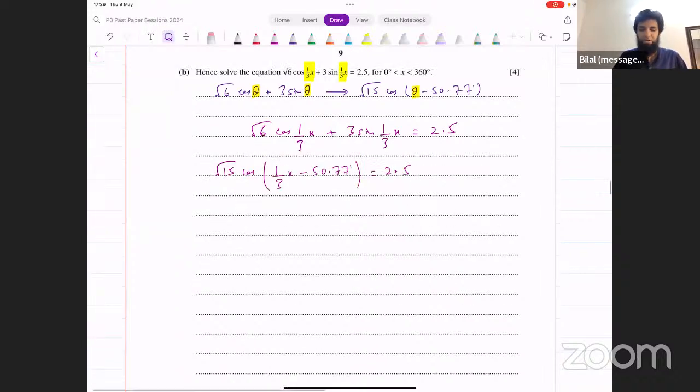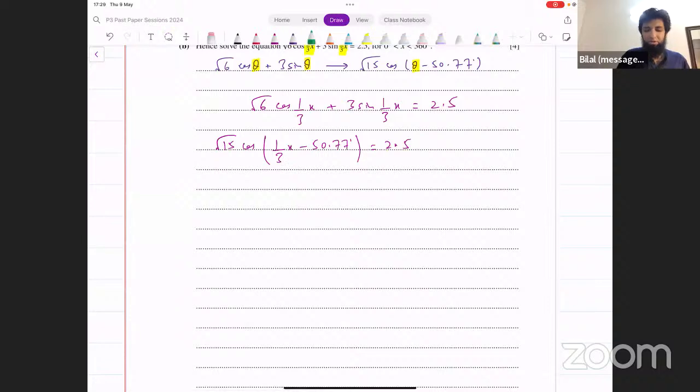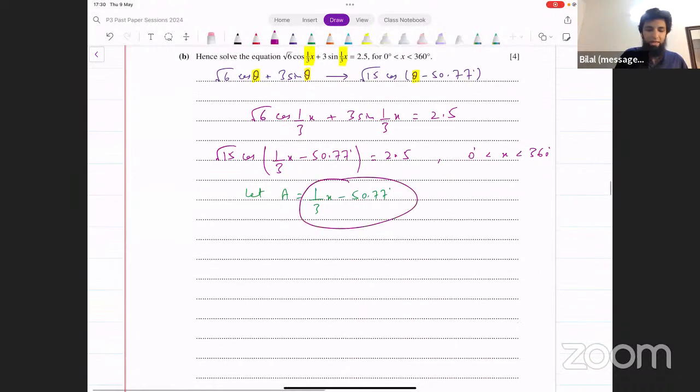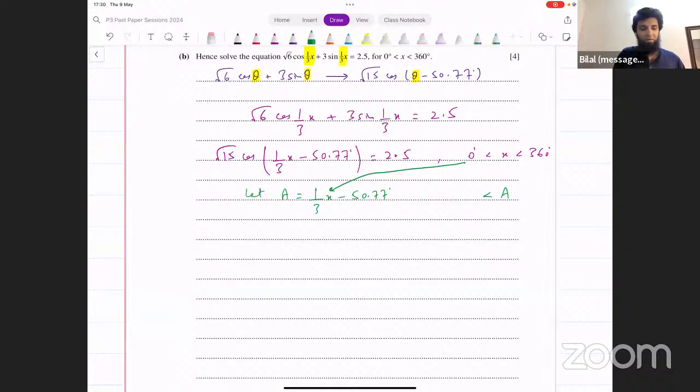Let's solve this equation now. First of all, what you can do is you can use a substitution. Whatever is inside here, you would say let A equals 1 over 3x minus 50.77. Since the interval for x was from 0 to 360, now what you do is you find the corresponding interval for A. What is the interval for A going to be? Input 0 in place of x here. What does that give you?